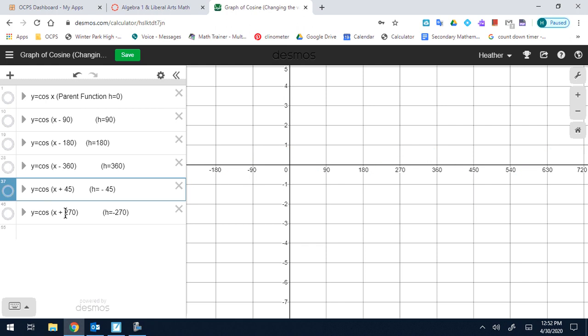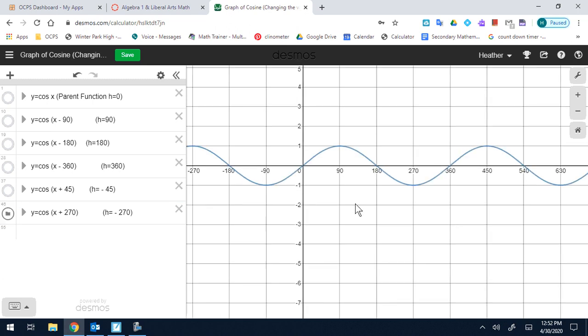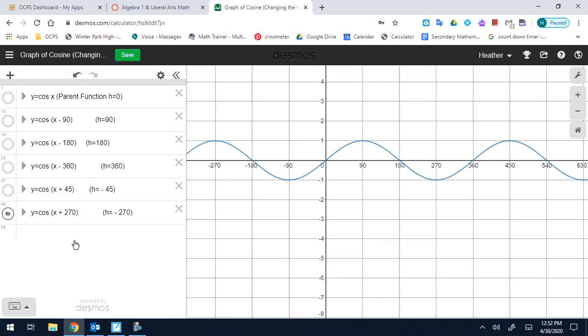All right, our last one, going 270 again to the left. See how my h is negative here? My h is negative. So I'm going to shift 270 degrees to the left. Notice again, it ends up being exactly cosine because it's a multiple of 90, right? When I move over 90 degrees, it's going to change it to sine rather.